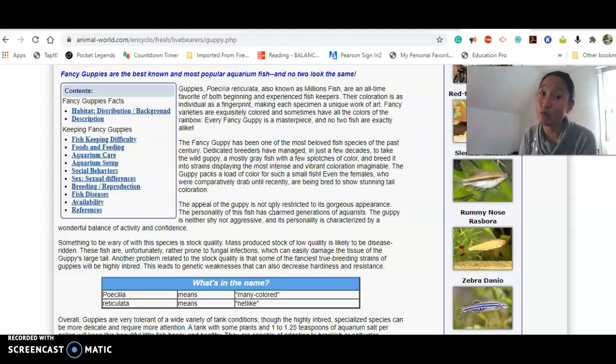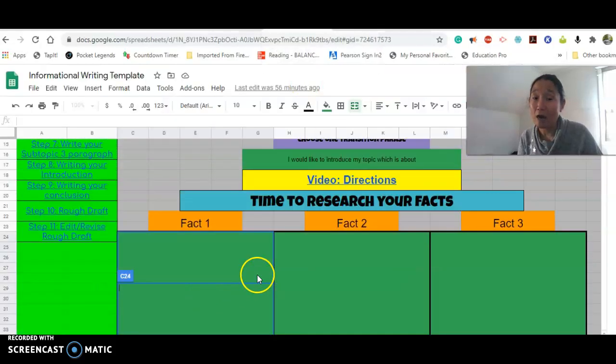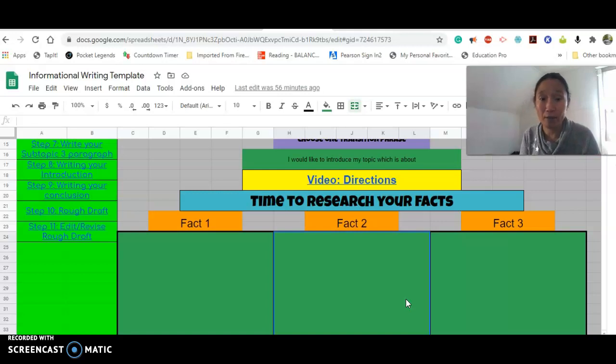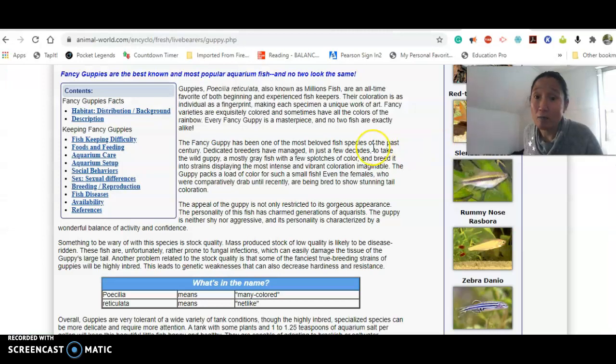I need at least 3 to 4 facts back in my box here to be able to say, hey, I've done a good job about my guppies. So my first box is going to be about fancy guppies, and I'm going to talk about fancy guppies.